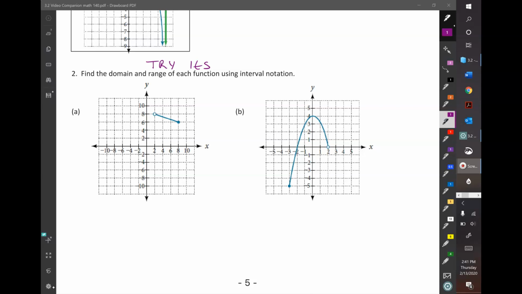And then B starts at the point -3, -5, and goes up, crosses the x-axis, has a y-intercept at the point 0, 4, and then comes back down as a parabola to the point 2, 0 with an open circle.